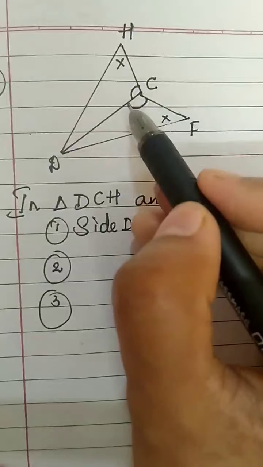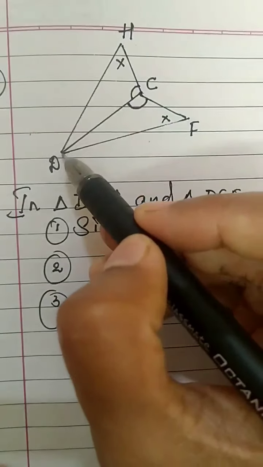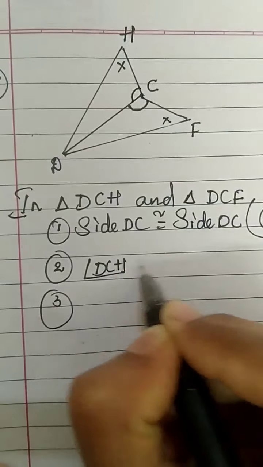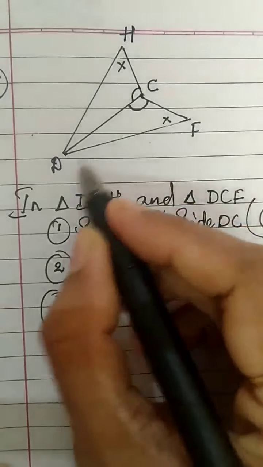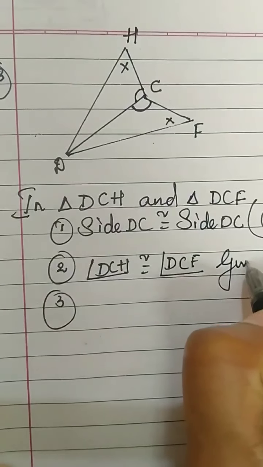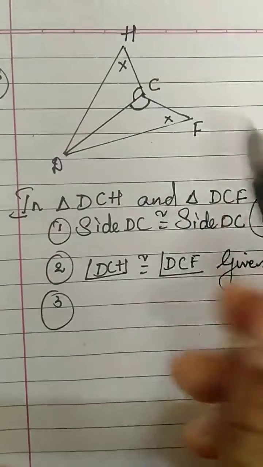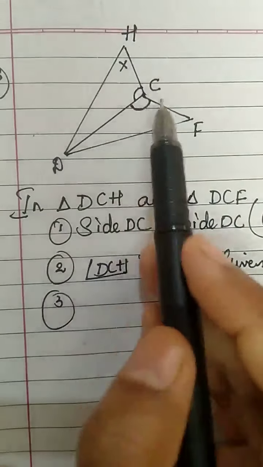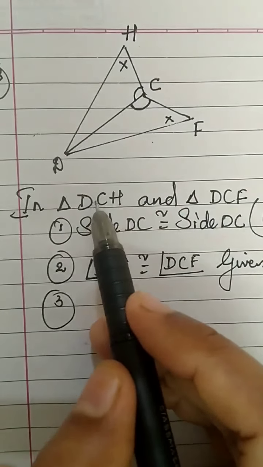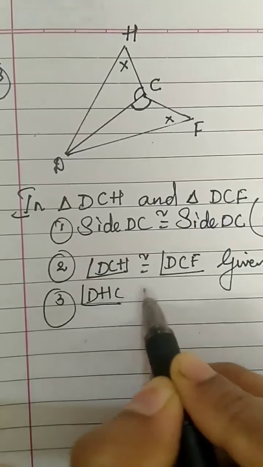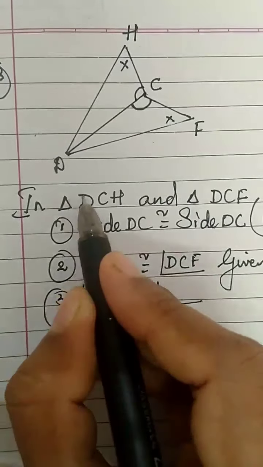Second, as it is given in the figure itself, angle DCH congruent to angle DCF, given. Okay. Third thing again given, this is angle, no? Angle DHC congruent to angle DFC. How you named DHC? Same way DFC.